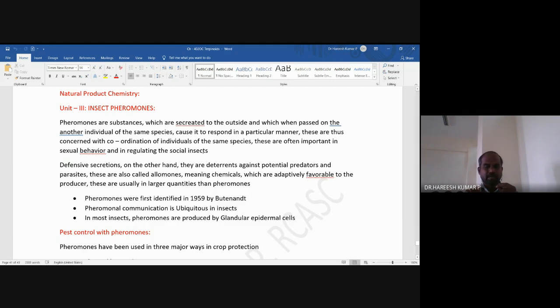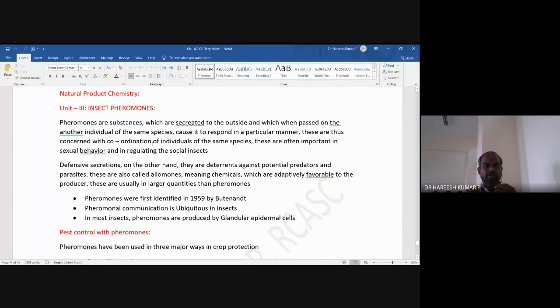Such species are called pest. So pest may be an organism or a species or animal if it causes damage to other species or food products. It's called crop protection, food protection, plant protection.